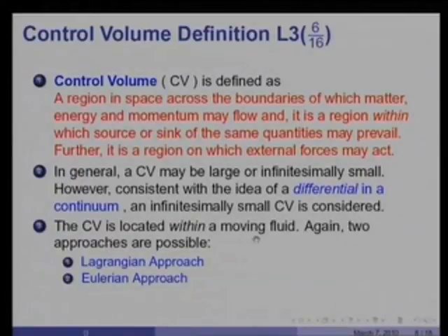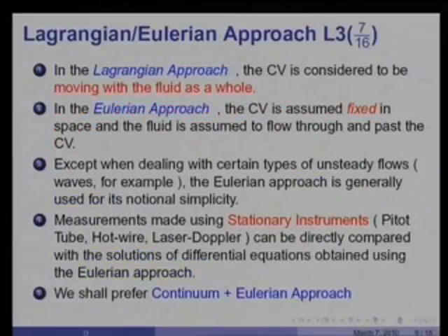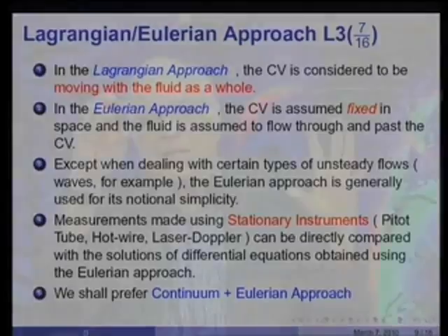The CV is located within the moving fluid. Again, there are two approaches. First of them is called the Lagrangian approach, and the second one is called the Eulerian approach. In the Lagrangian approach, the CV is considered to be moving with the fluid as a whole. In the Eulerian approach, on the other hand, if I have a moving fluid, the element that I consider is fixed in space.